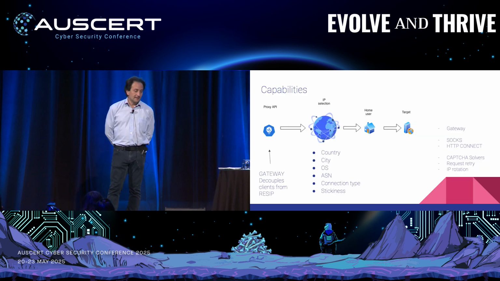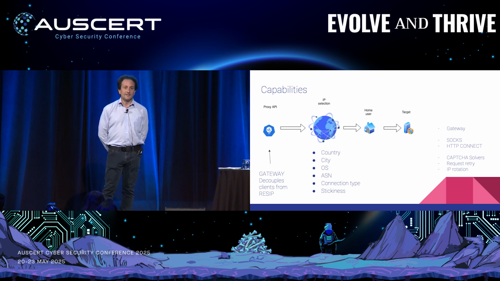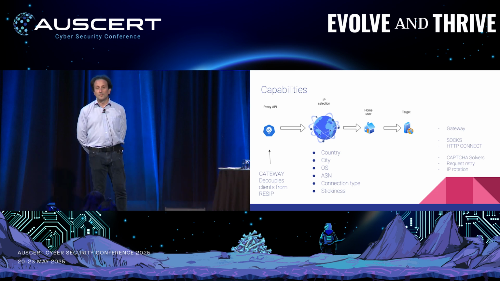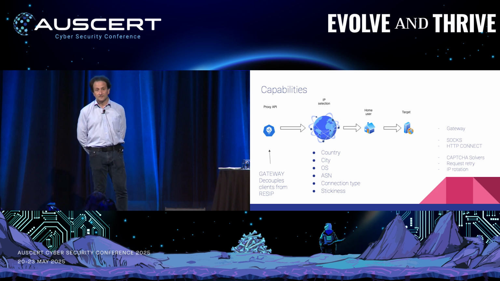So the capabilities typically exposed by these services is that you will connect to a gateway. And this gateway hides the residential IP you'll be connecting to. And then there will be some type of selection process. So you'll be able to specify, well, I need this request to come from this country, from this city, from this ASN, from this type of operating system.